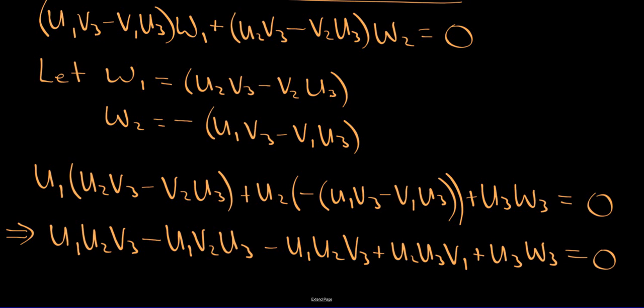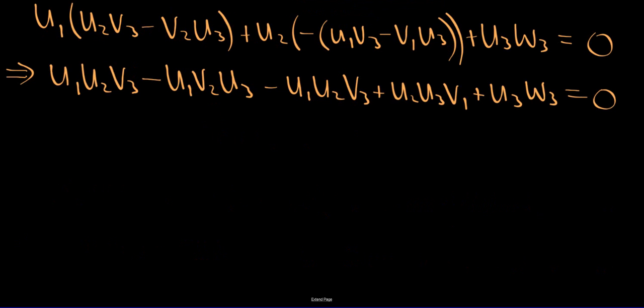Now let's see if anything happens to make this a little simpler. Let me get the old Cavendish here. U1, U2, V3. Okay, we got that. Yay! Excellent. Does anything else? No, nothing else does. Now we can divide out the U3.